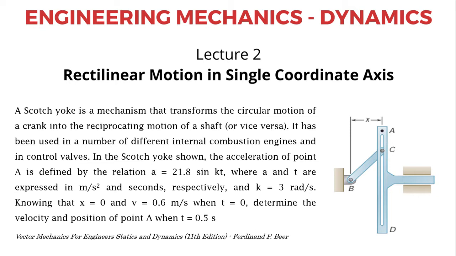In the scotch yoke shown, the acceleration of point A is defined by the relation a equals minus 1.8 sin kt, where a and t are expressed in meters per second squared and seconds respectively, and k equals 3 radians per second. Knowing that x equals 0 and v equals 0.6 meter per second when t equals 0, determine the velocity and position of point A when t equals 0.05 seconds.